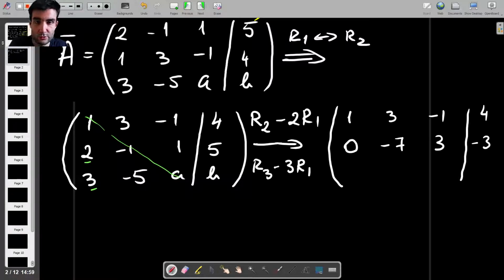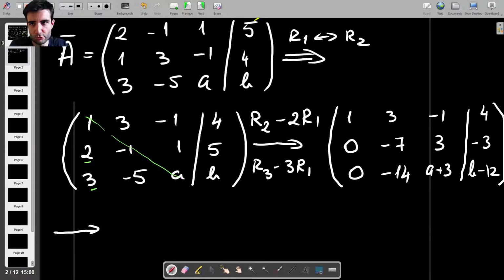Now we do the same thing for row 3, and we get 0, minus 5 minus 9, which is minus 14, and then we have a plus 3. And the right hand side term becomes b minus 12, like this.